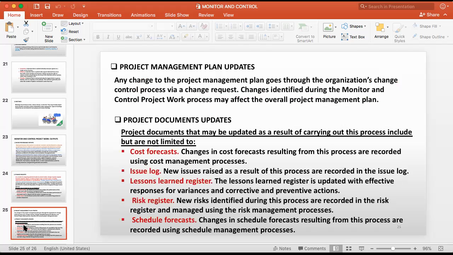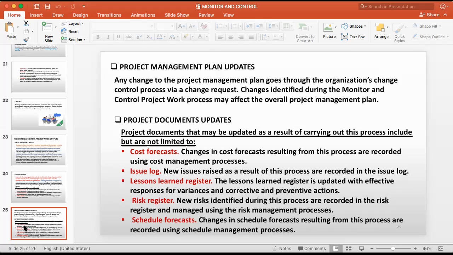So there are certain updates, your document updates and project management plan updates. That is always there. When you implement the change request and you incorporate these changes to your project, sometimes your scope might change, your schedule might change, so anything can change. So your subsidiary plans, if you change one subsidiary plan, your project management plan will change.